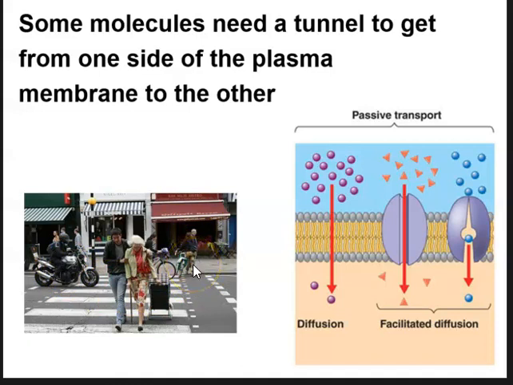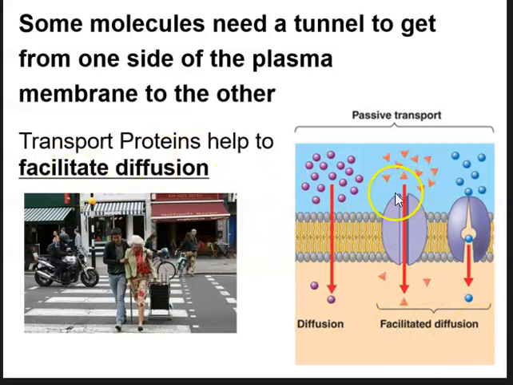So when we have a tunnel or, for example, a transport protein helping with the diffusion of molecules from one side to another, this is called facilitated diffusion.